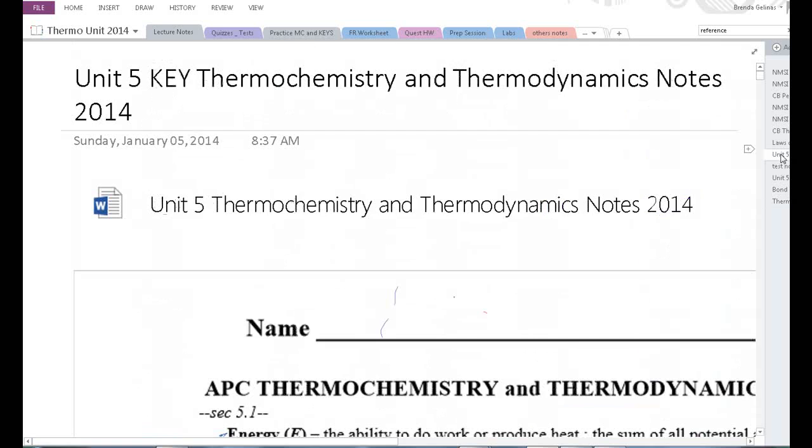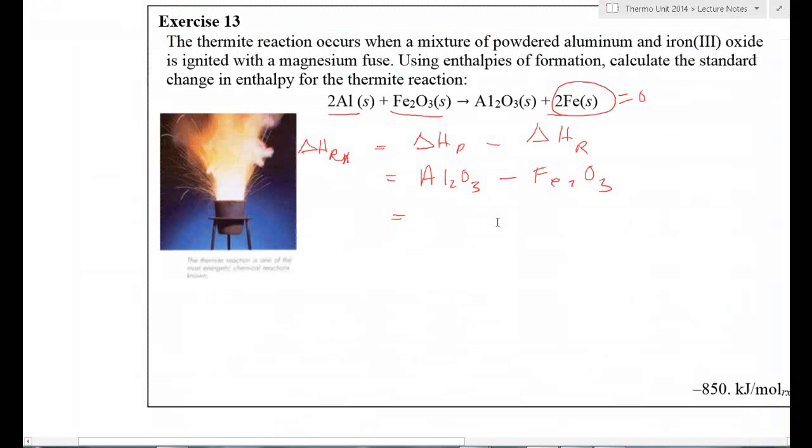Alright, so let's go back here. Al2O3 was minus 1669.8 kilojoules, minus iron(III) oxide was minus 822.16 kilojoules, and the difference there is going to be minus 850.